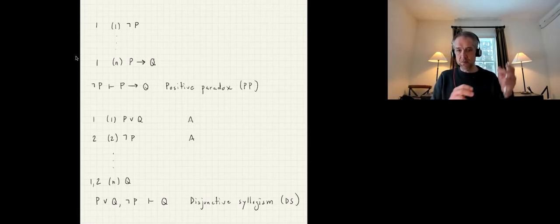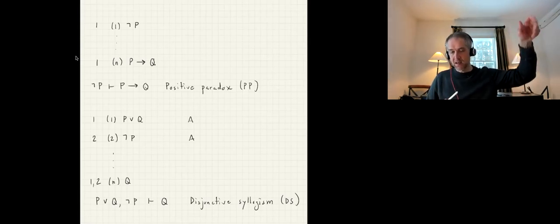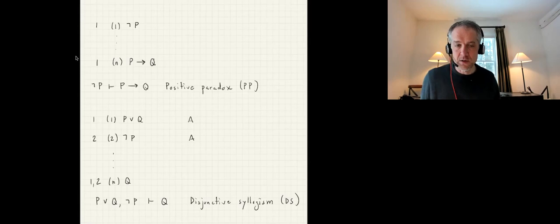Disjunctive syllogism says if you have two lines, a disjunction and the negation of one of the disjuncts, you may write on a subsequent line the other disjunct. In all of these cases, when you bring down the dependencies, you gather the dependencies from the lines that you invoked in these arguments. Okay, good.